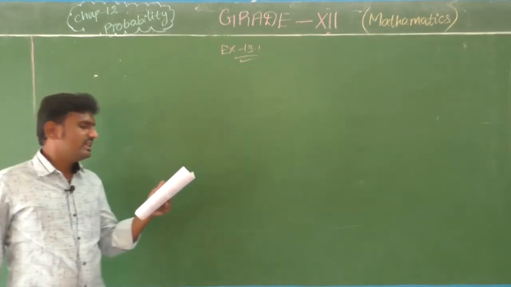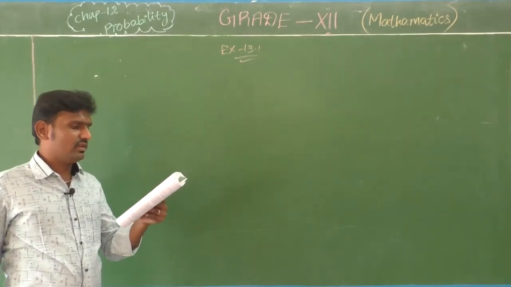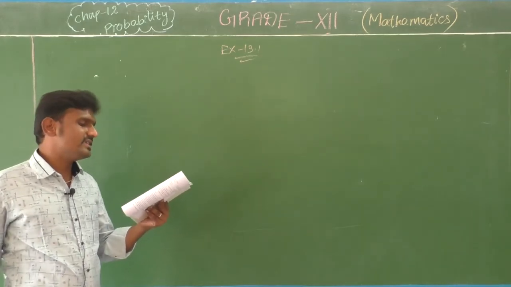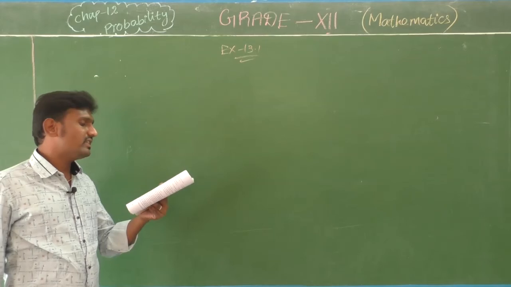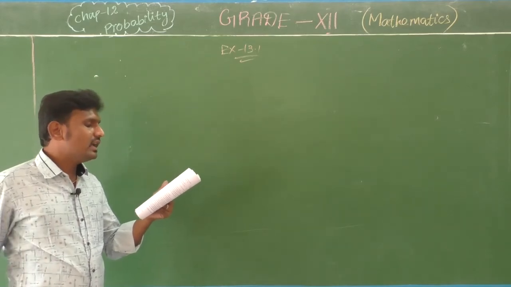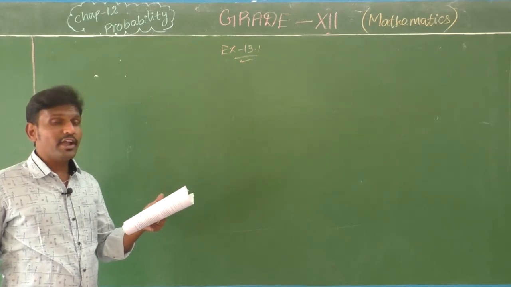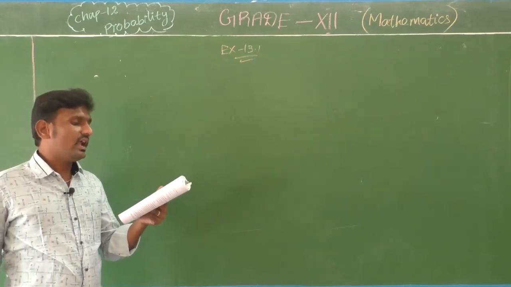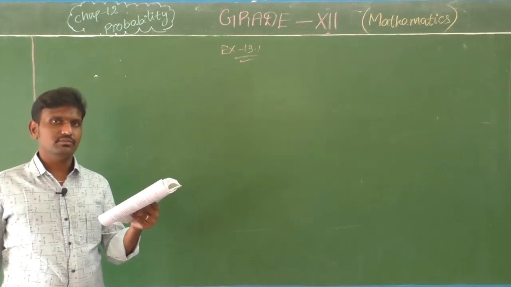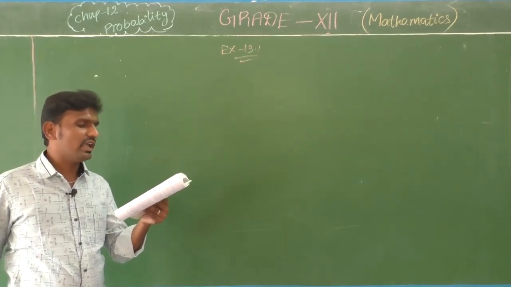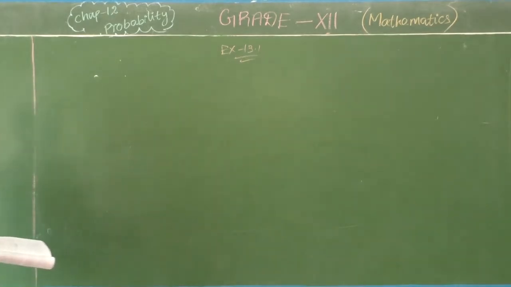Given that E and F are two events such that P of E equal to 0.6, P of F equal to 0.3, and P of E intersection F which is equal to 0.2. Find P of E by F and P of F by E. Using the conditional probability it is easily found.